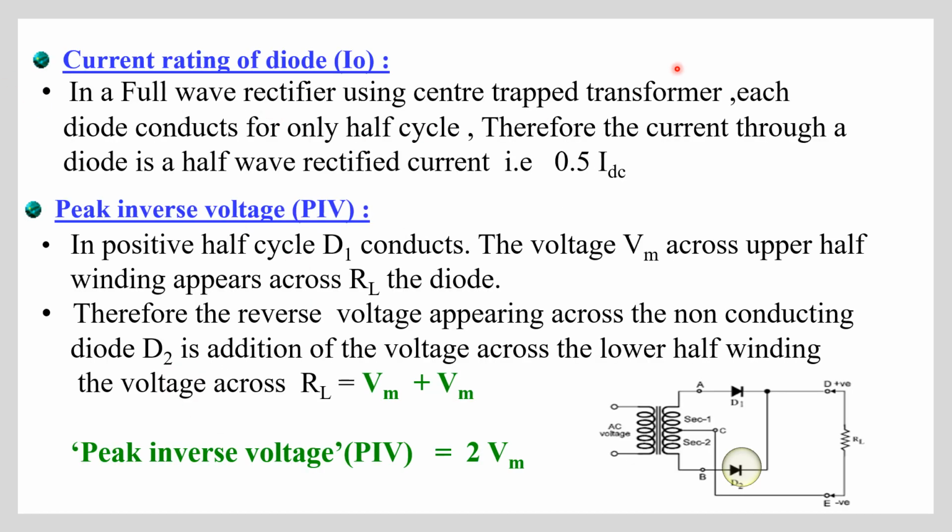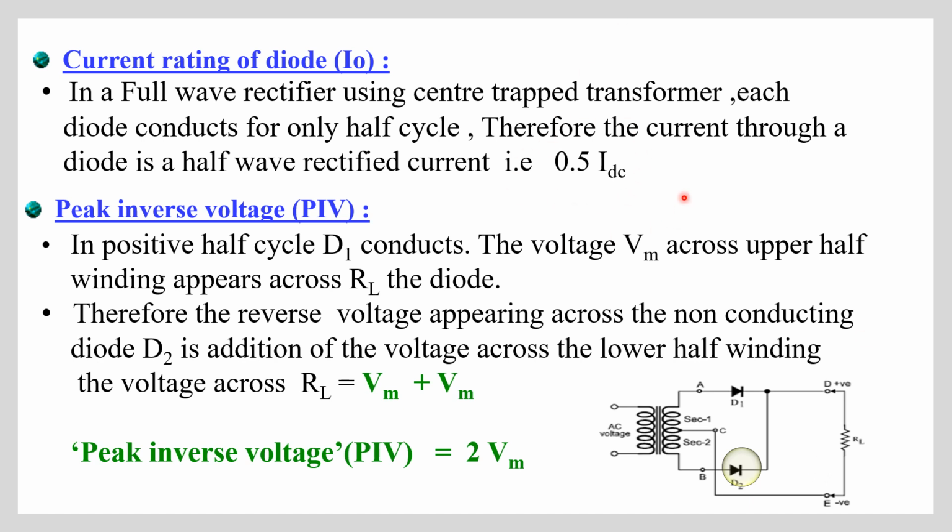Now the next parameter is the current rating of the diode, that is IO. In a full wave rectifier using a center tap transformer, each diode conducts only for the half cycle, and therefore the current through the diode is the half wave rectified current, and that is equal to 0.5 IDC.